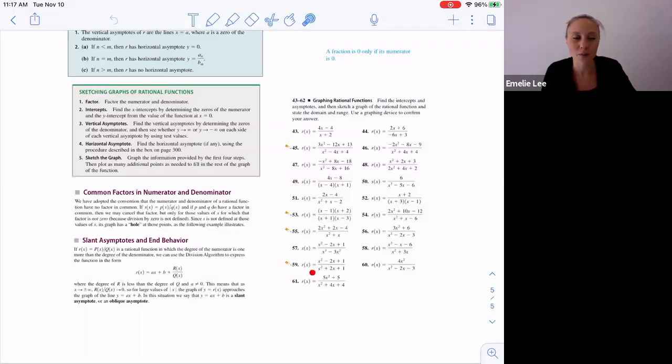Notice on Moodle I posted all the solutions to the chapter 3 notes as well as the chapter 4 notes, so you'll have those solutions that you can work through the questions in the notes. So 59 is the one that we're going to do because it illustrates a special kind of scenario.